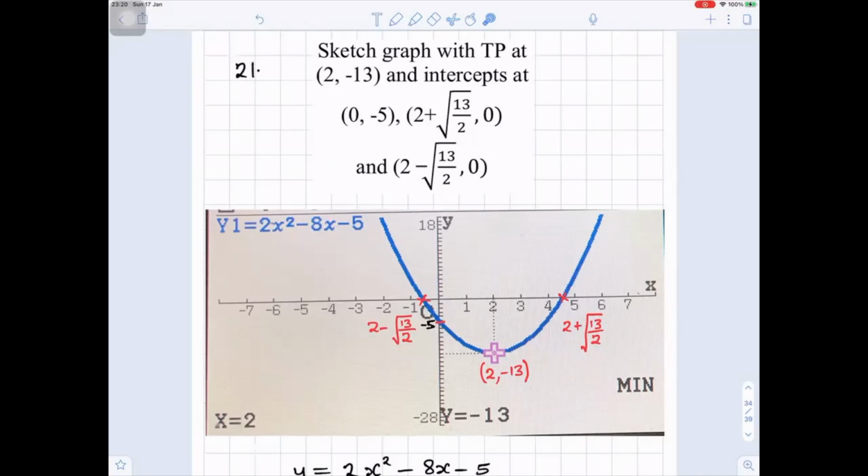It crosses the x-axis at 2 plus root 13 over 2 and 0, and also at 2 minus root 13 over 2 and 0. So it crosses the x-axis at 2 points and the y-axis once. So that's a sketch of the graph, and that's what you would sketch in an exam.